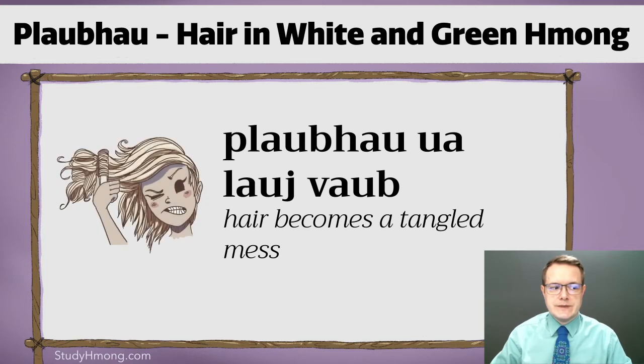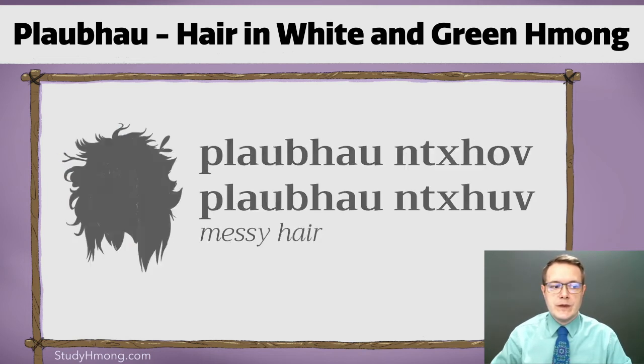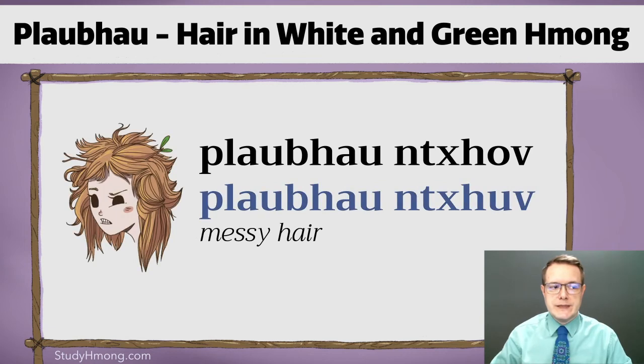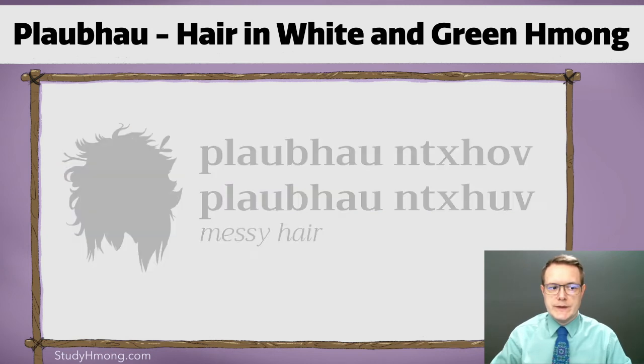Whereas hair that becomes a big tangled mess, they have a word just for that: Plaubhau Ua Lao Vao. Or if you want to talk about messy hair that's like a weedy garden, for example, you could say Plaubhau Ncao in white Hmong, and then in green Hmong, Plaubhau Ncu.